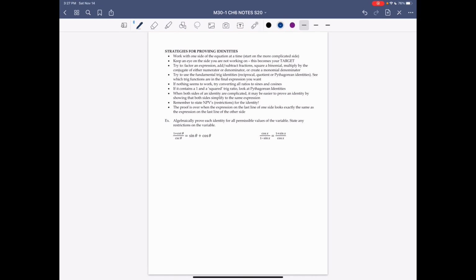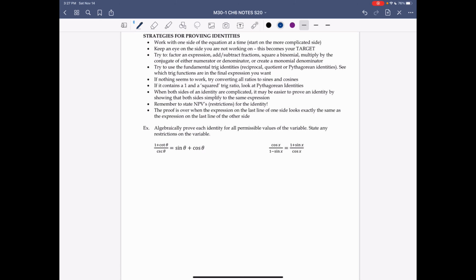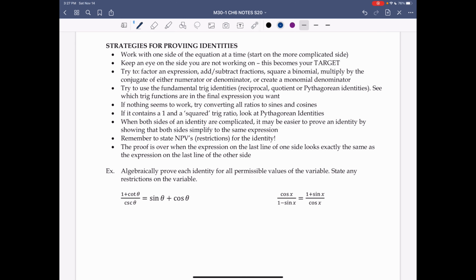Strategies for proving identities. Work with one side of the equation at a time and start with the more complicated side. Keep an eye on the side you're not working on. This becomes your target. Try to factor an expression, add or subtract fractions, square a binomial, multiply by the conjugate of either the numerator or denominator, or create a monomial denominator.